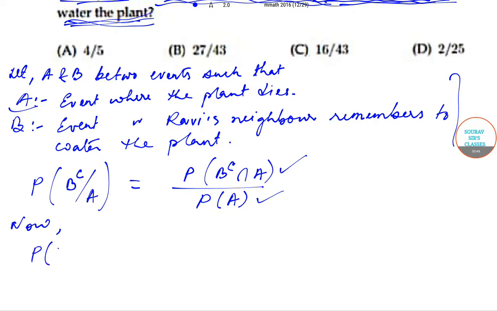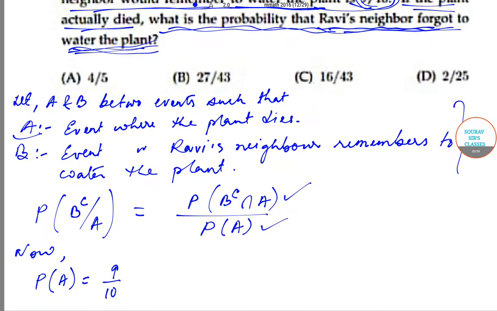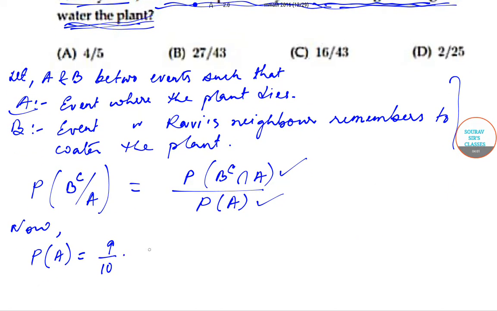So now let us find the probability of A, that is the probability of the event where the plant dies. So first, this will be equal to 9 by 10, that is the probability that Ravi's neighbor remembers to water the plant. So even after watering the plant dies, and that has a probability of 3 by 20.